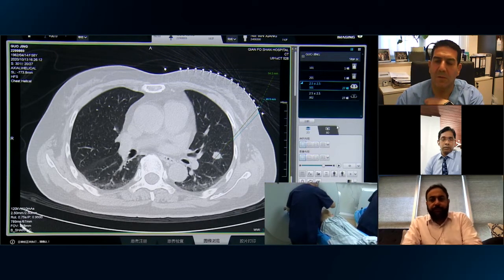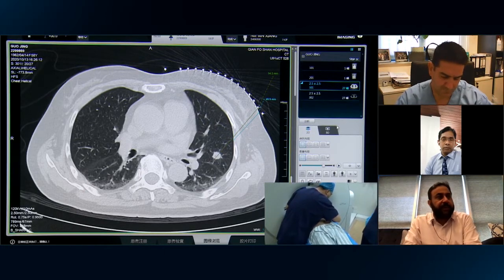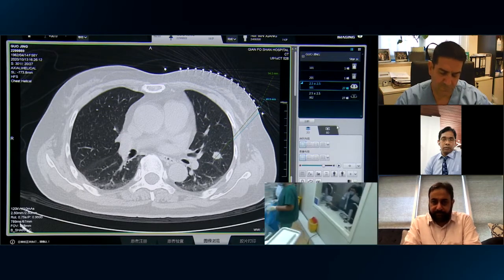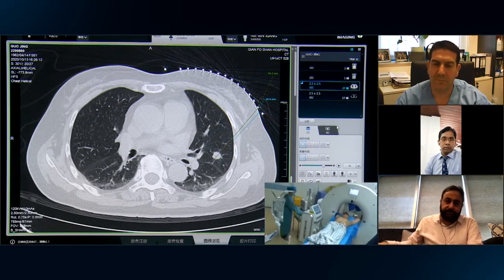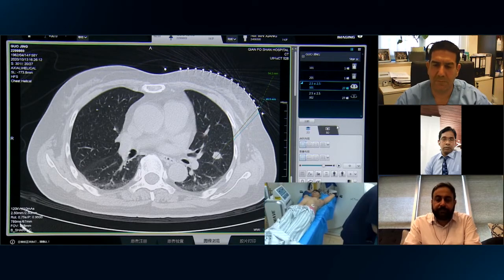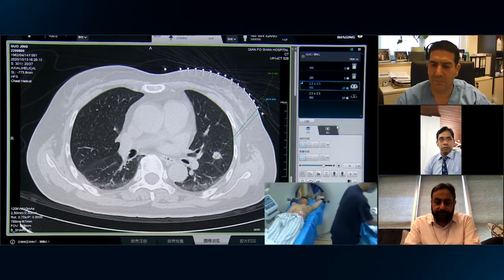Normally, would you still take a biopsy when you access it for ablation? For primary lung nodules, we must have a biopsy. But for metastatic lesions, it depends.